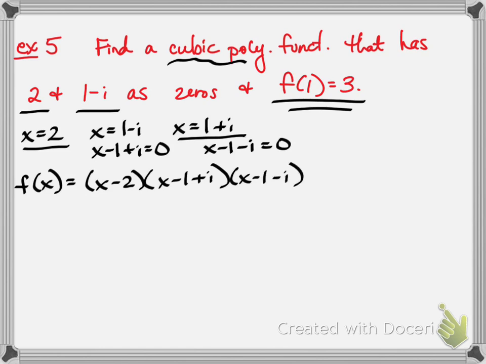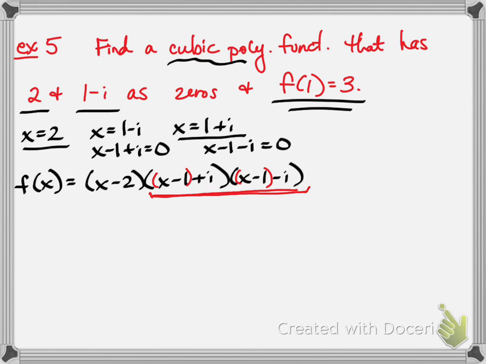Now the way I like to do this is I definitely want to multiply these together because they're similar to each other, and I'd like to group it this way so that these two terms are actually conjugates of each other. They're both x minus 1s, they're both i's, and they have different signs.